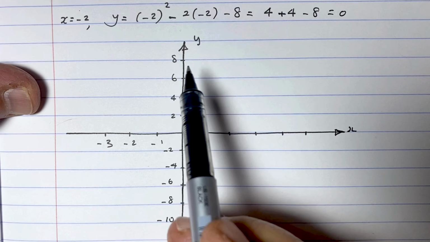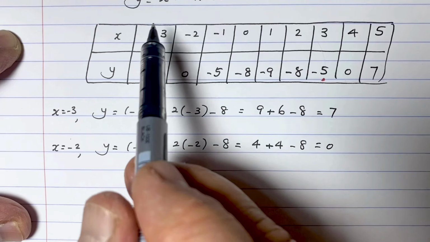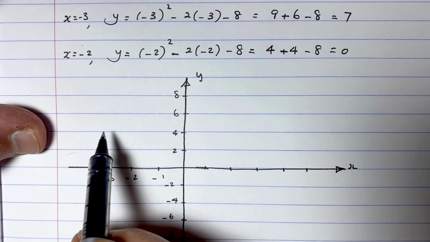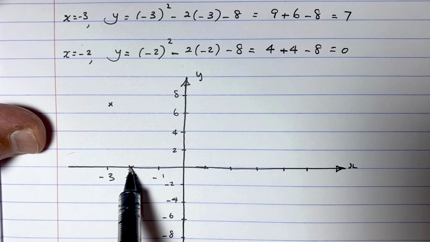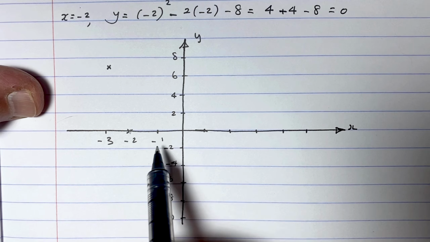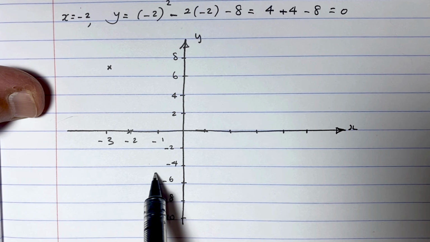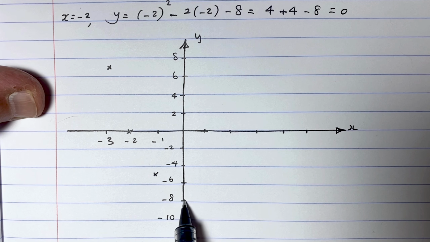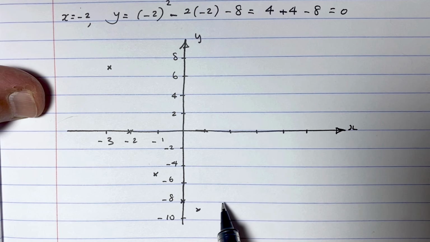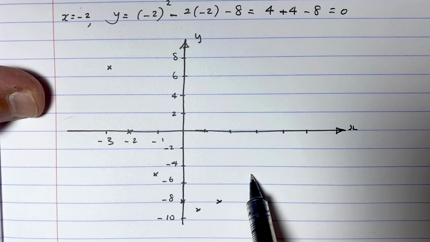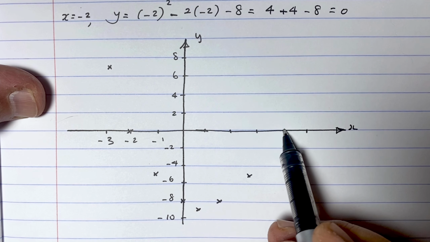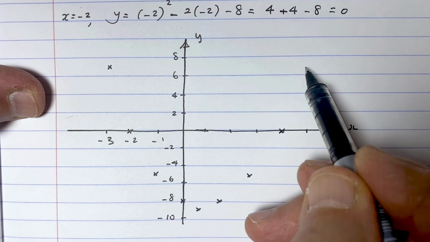So I'll plot these points from the table. Minus 3, 7. Somewhere there. Minus 2, 0. Minus 1, minus 5. 0, minus 8. 1, minus 9. 2, minus 8. 3, minus 5. 4, 0, and 5 goes back to 7 here.